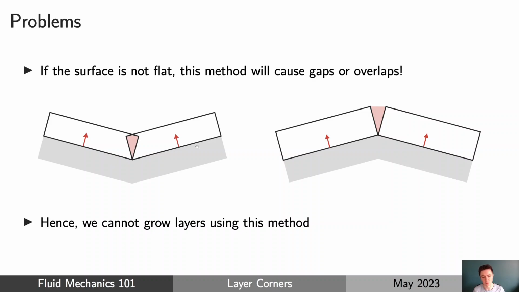Of course, if the wall isn't perfectly flat, we're either going to get an overlap if we're on a concave surface, or we're going to get a gap if we're on a convex surface. So this might be the most straightforward method to think about how layers are generated, but of course this isn't actually the method that's used in practice, because there are going to be some problems and we need to fix those problems using some kind of adjustment.